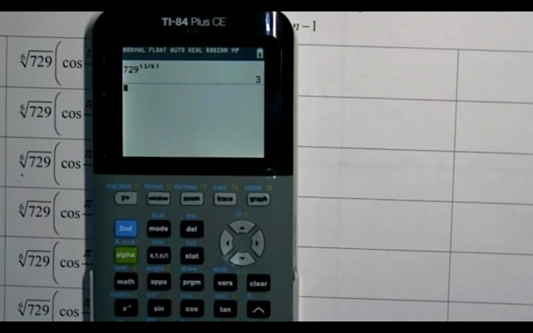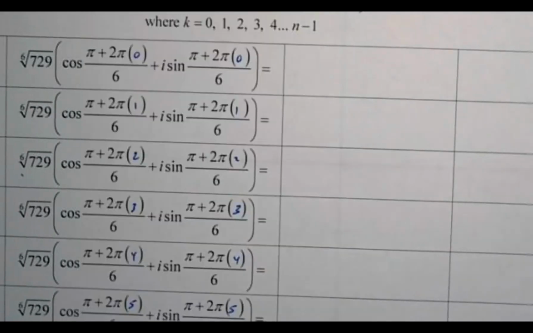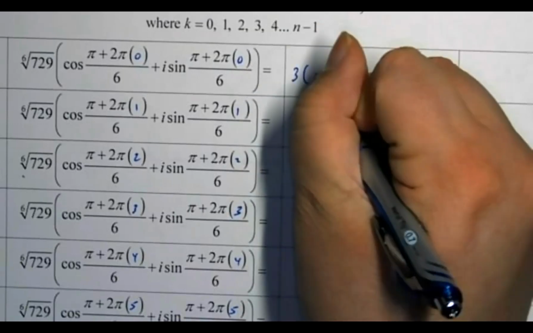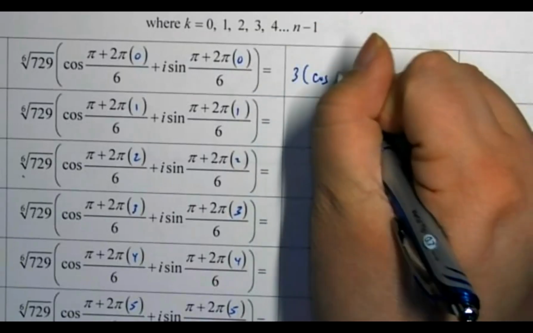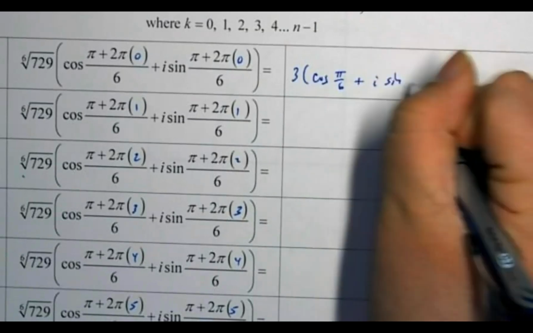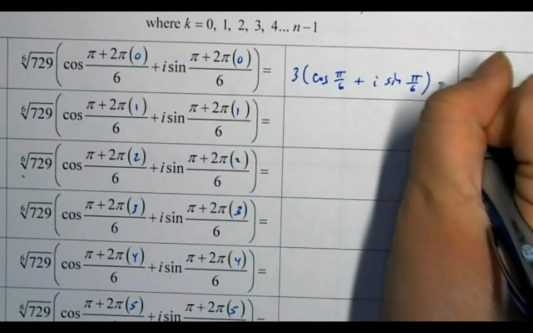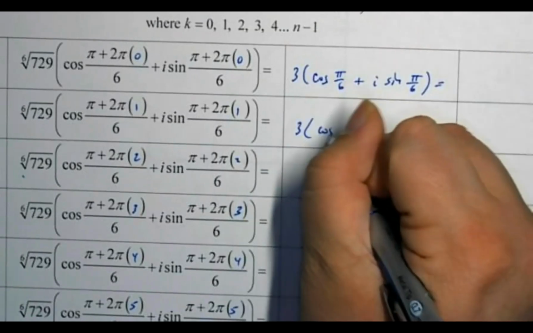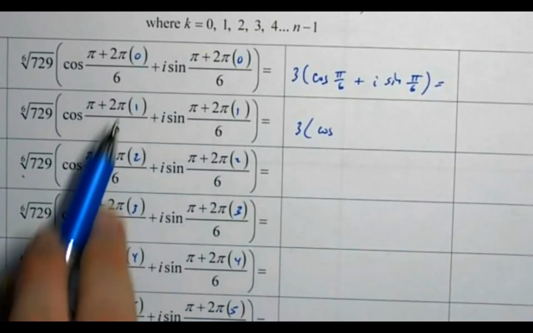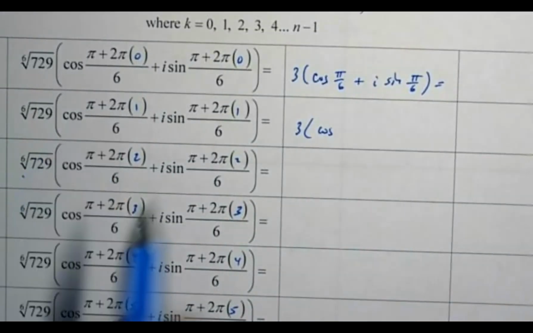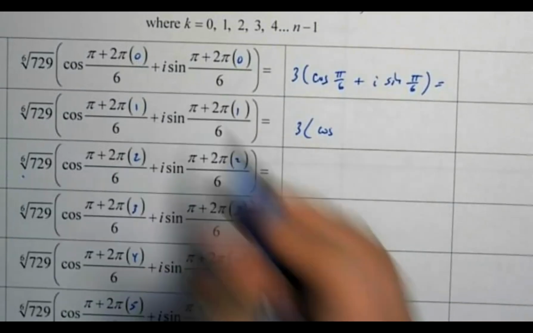Okay. So this is 3 times the cosine of pi over 6 plus i sine of pi over 6. Then 3 times the cosine of, this is 2 pi plus pi, which is 3 pi over 6.